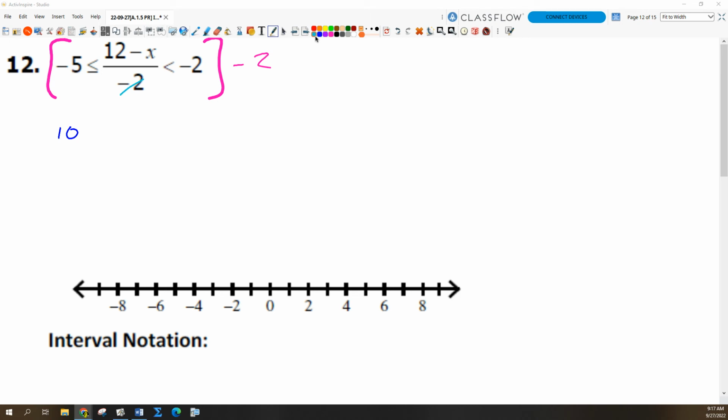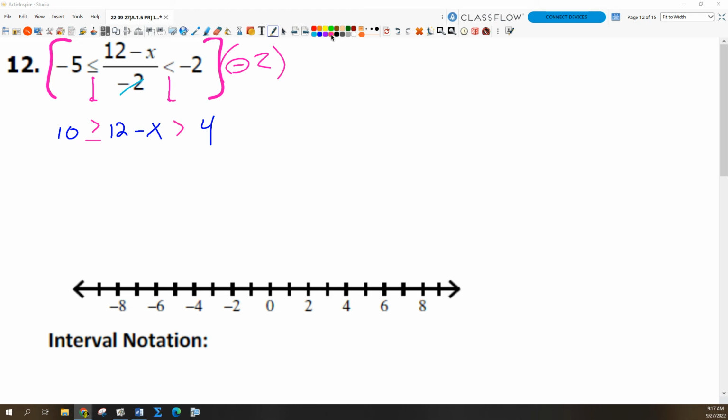Right? So in the middle, I'm going to get 12 minus x, and on the right, I'm going to get 4. Okay, what do I have to do to the inequalities? I got to flip them because I multiplied by a negative, right? So that's going to get flipped, and that's going to get flipped.